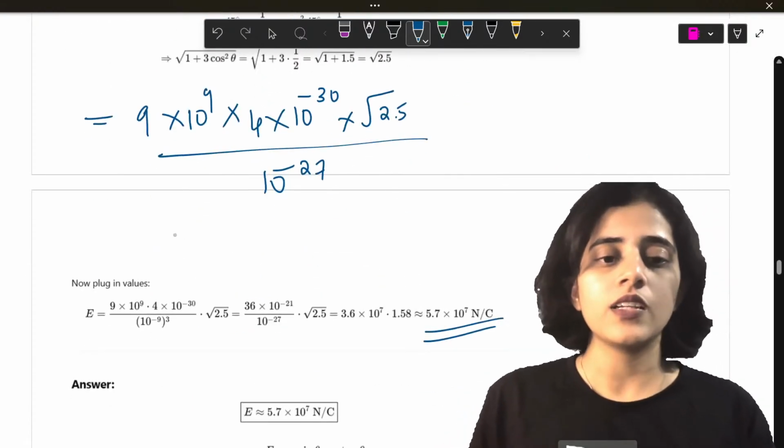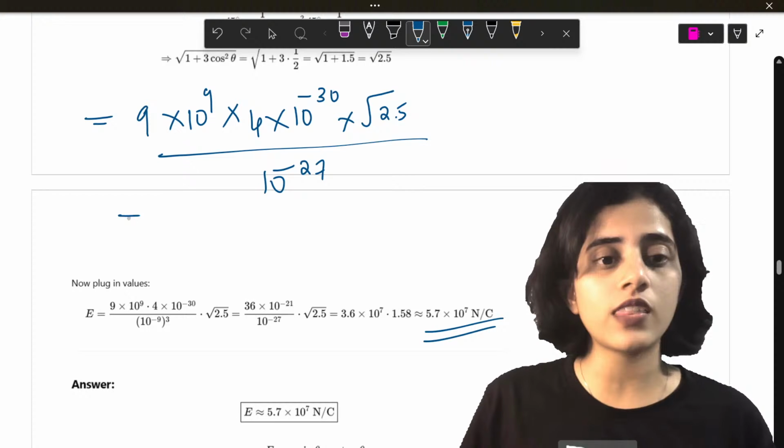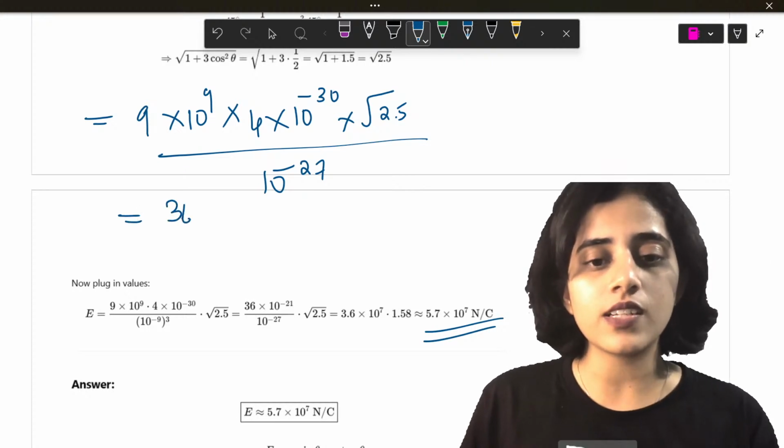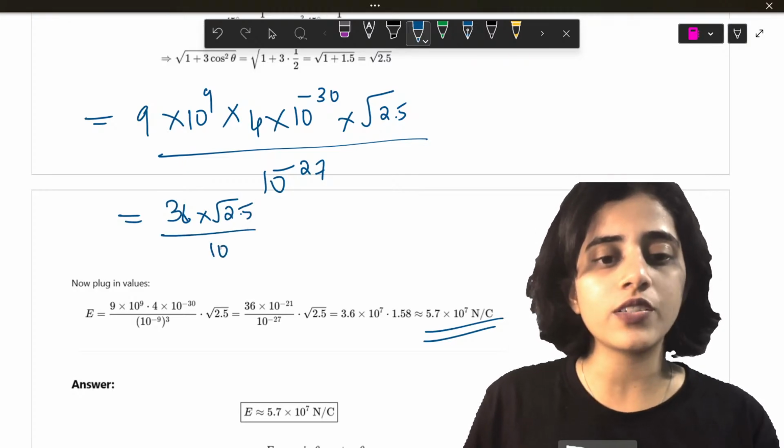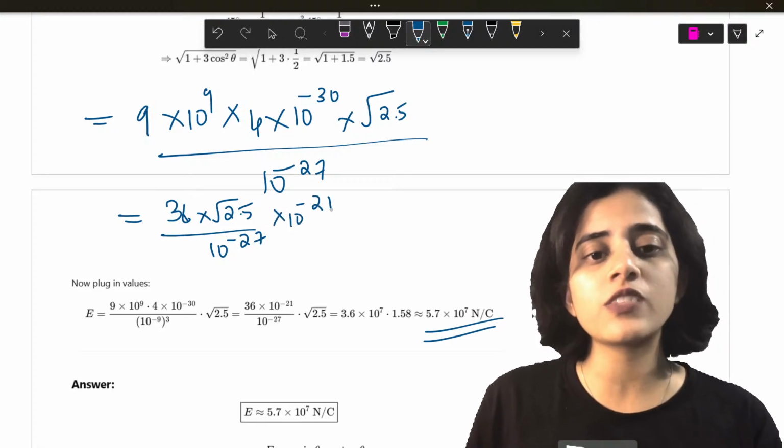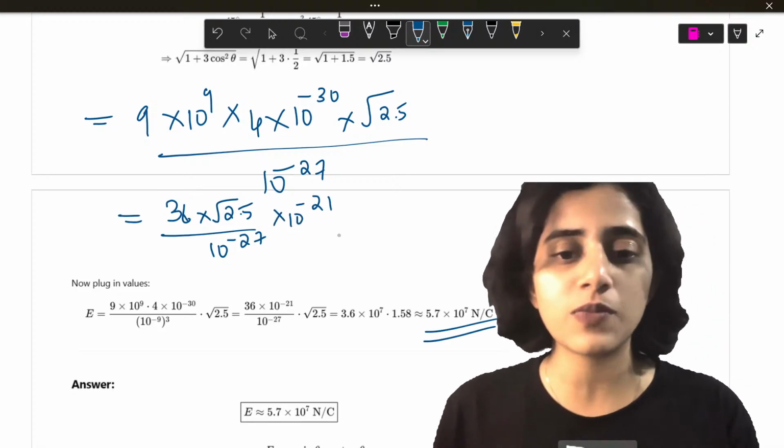So now 9 fours are 36, into square root of 2.5, the whole into 10 raised to minus 27 into 10 raised to minus 21. 9 minus 30 is 10 raised to minus 21.